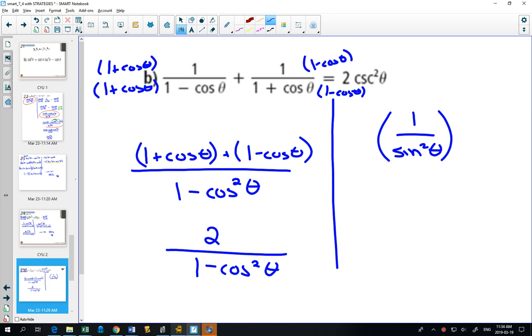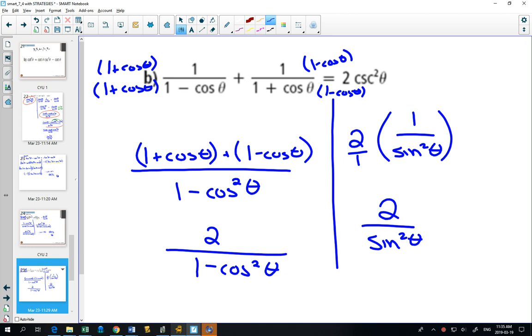But if you take an extra step and say, I'm just going to change cosecant squared to 1 over sine squared, and there's a 2 out in front, then you have to ask yourself, does that 2 multiply just the top? Just the bottom? Does it multiply them both? If you think of 2 as 2 over 1 and think about my rule for multiplying fractions, it just multiplies the top. So now I've got 2 over sine squared and 2 over 1 minus cos squared.